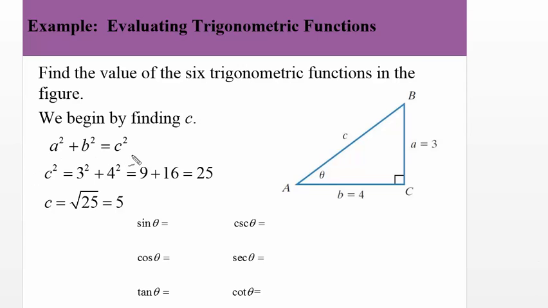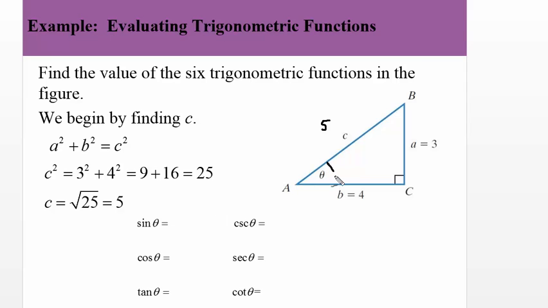A squared plus B squared is C squared. They put in 3 for A, 4 for B, squared them, got 25. To get C, take the square root and you will get C is 5. So this is really a basic 3, 4, 5 right triangle that many of you have probably seen at one time or another. So let's see if we can get the answers here.